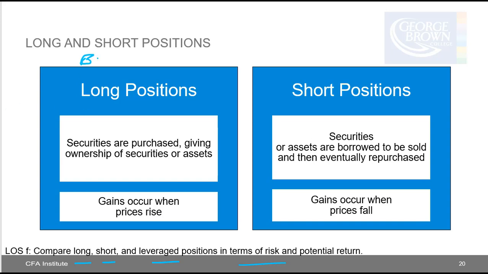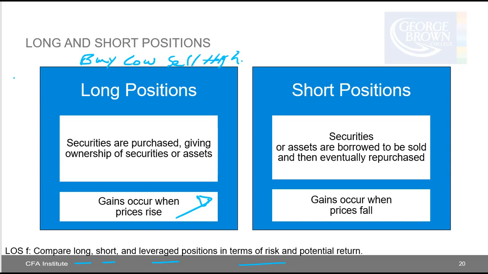So as I have often said, buy low, sell high when you're in a long position. Just think of it that way. Your gains occur when prices rise. The potential gains in a long position are generally unlimited, but the potential losses on long positions are limited to no more than 100%, a complete loss, for long positions with no associated liabilities or debt.